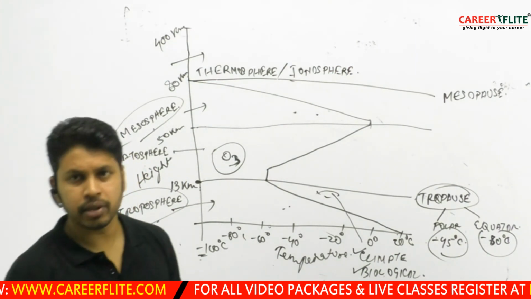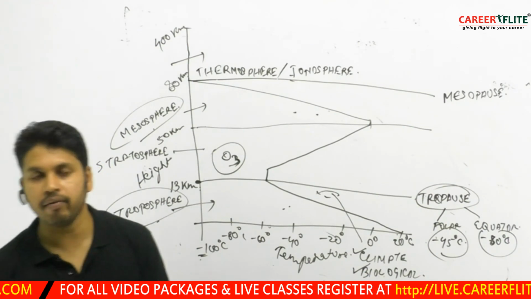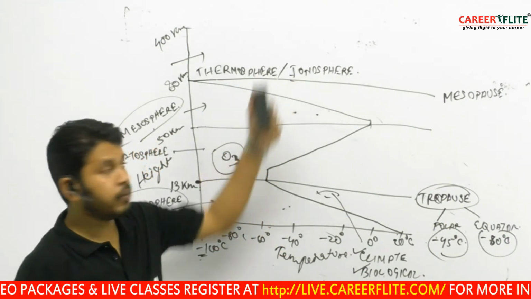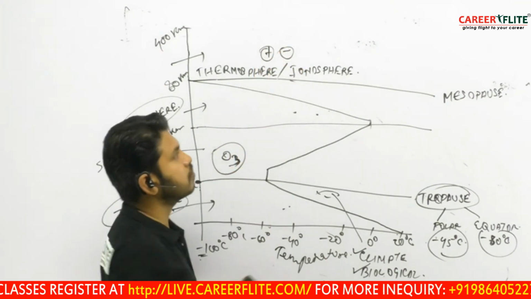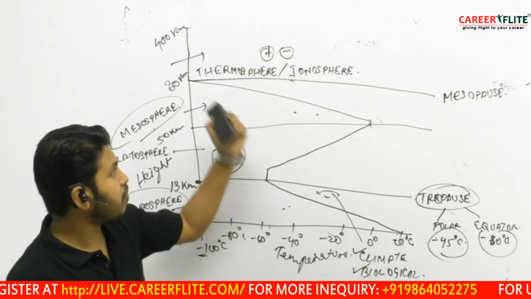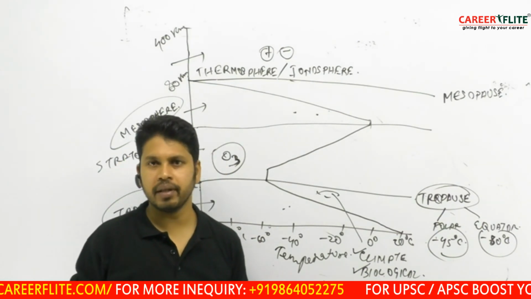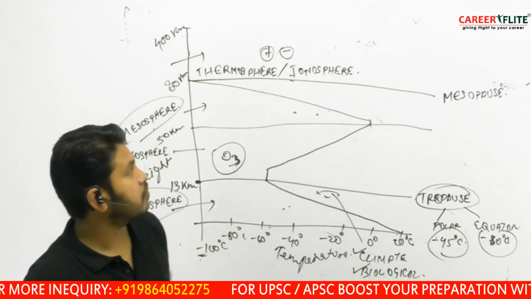Now, what is the importance of the thermosphere and ionosphere? Any particle that is present in this layer will be in ionic form, either in positive charge or in negative charge, because of the high amount of insolation, the sunlight. They break down all these particles into positive and negative ions. That's why it is also known as the ionosphere.